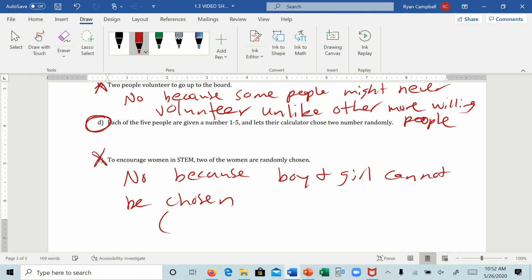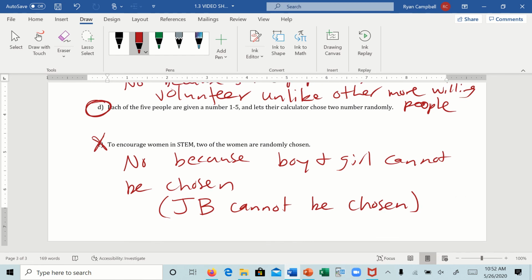Or you could say because Jan and Bob cannot be chosen. You can give one possibility. That works. If some do work and some don't, then it's not going to be simple random because not everybody has the same chance. All right.